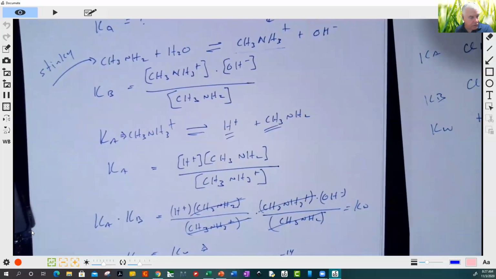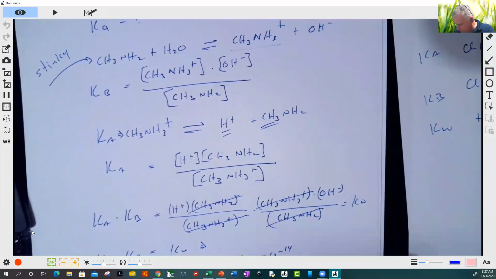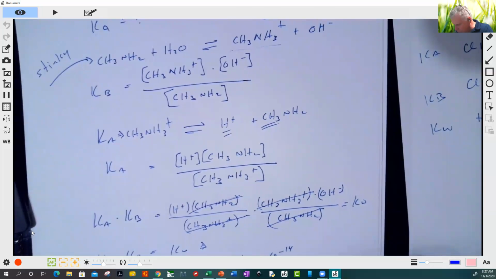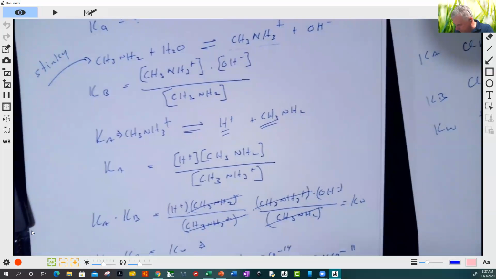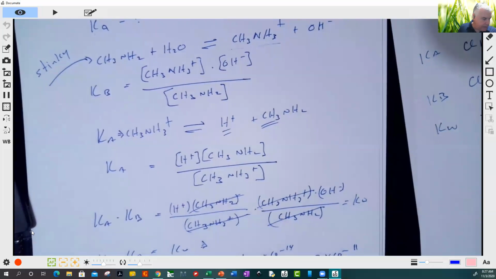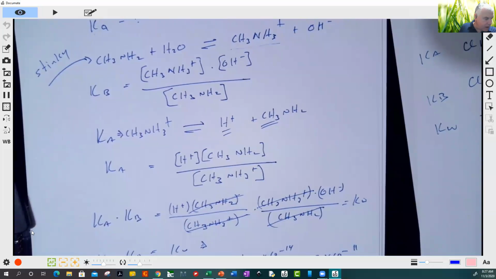And this is 2.2 times 10 to the minus 11. The pKa is the negative base 10 log of that.